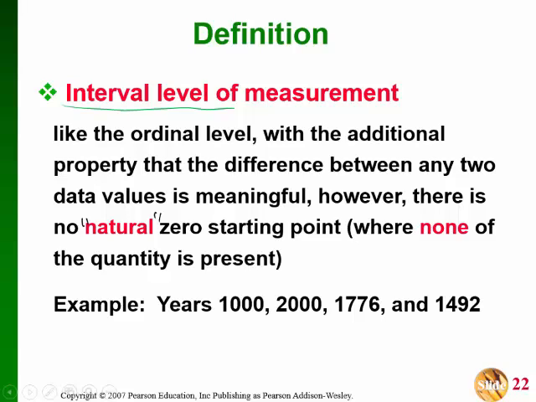So the interval level of measurement, this is where it really becomes purely numerical, because now you want to take differences between two point values. Like between the year 1000 and the year 2000, we know that there's 1,000 years between them.